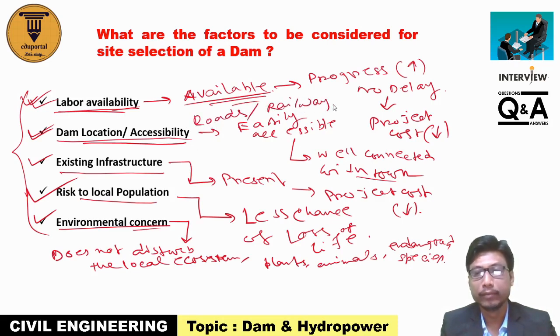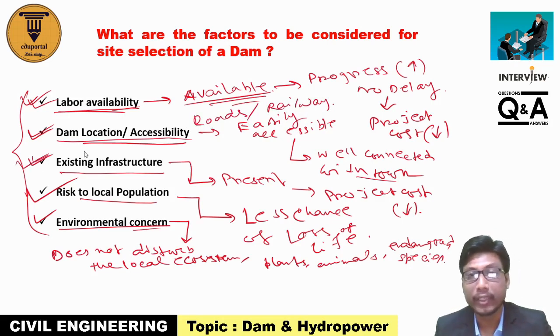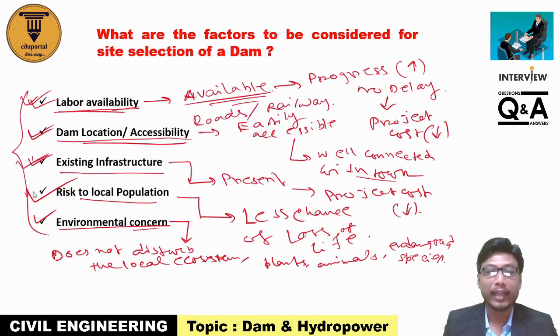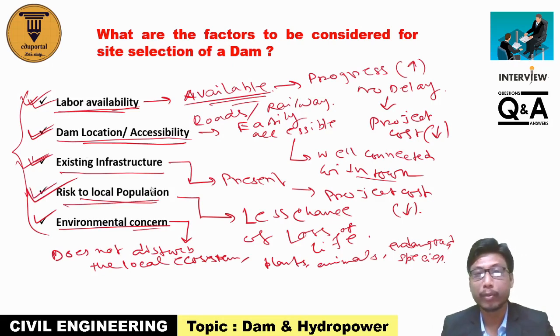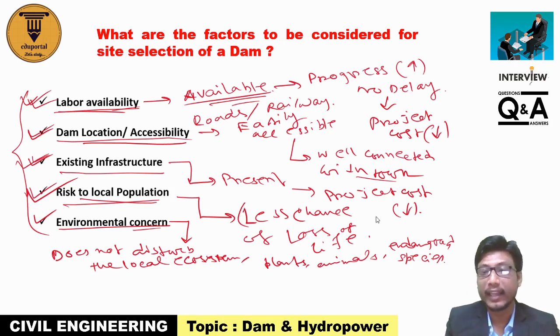And then existing infrastructure should be present, because this will minimize the project cost. For risk to local population, it should not be located in a highly populated area, and we should select the site in such a way that in case of disaster there is less chance of loss of life.